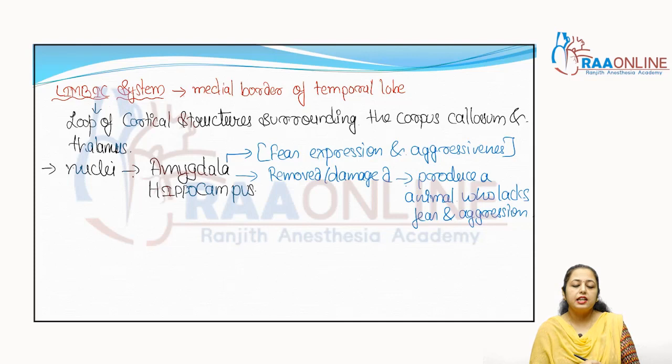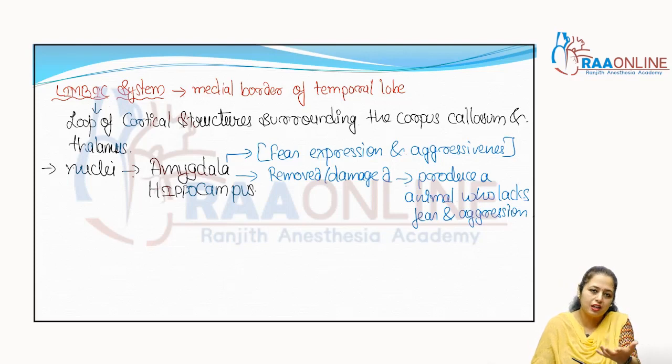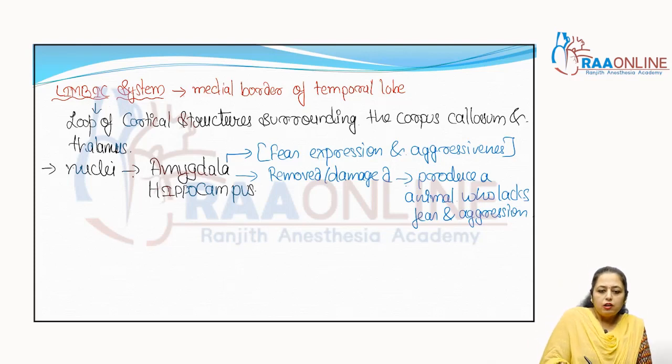The person whose amygdala gets damaged is not able to recognize the fearful expression or the aggressive expression of others as well, right? When we talk about the hippocampus, it is also known as the index of memory.